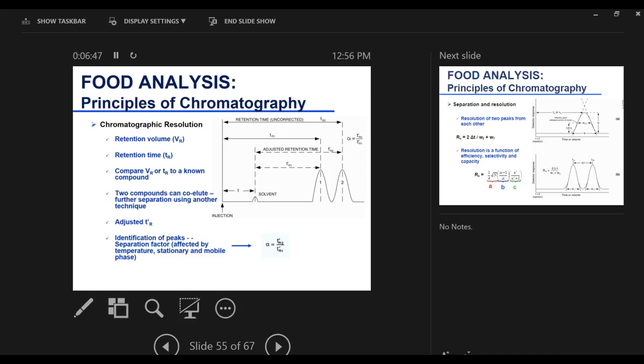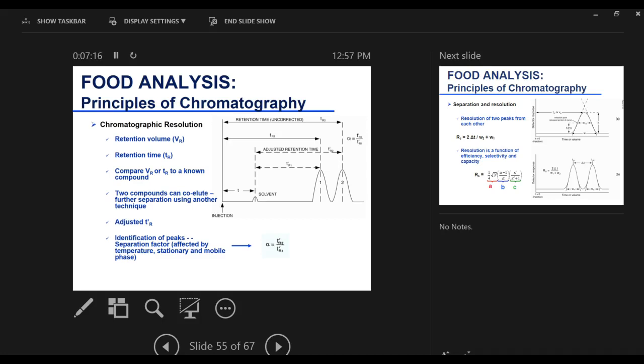The time it takes for the void volume to reach the detector is T0, the time for the solvent front, or void volume of the column to be seen.